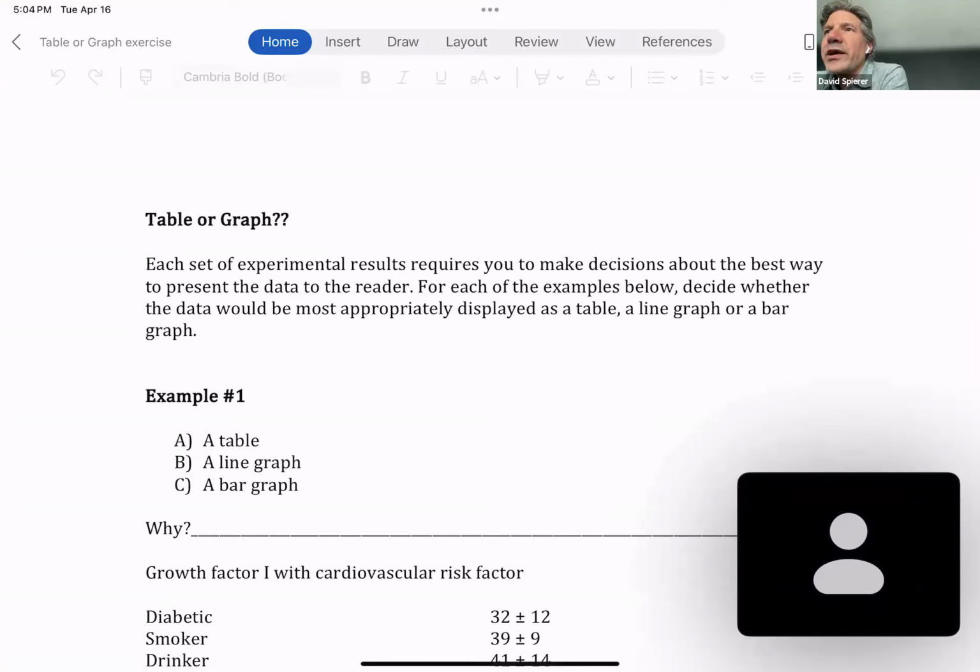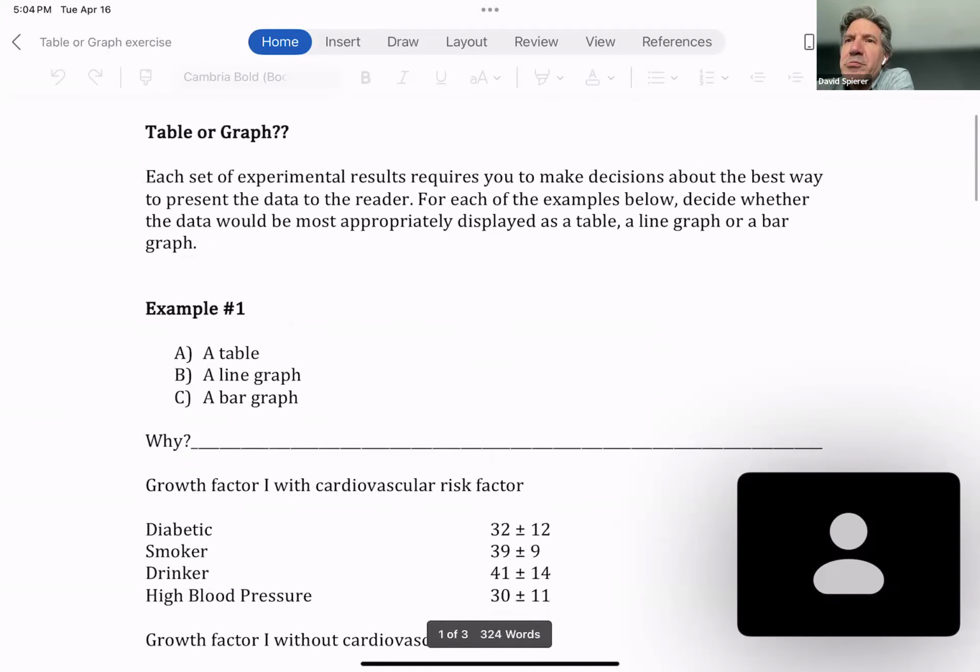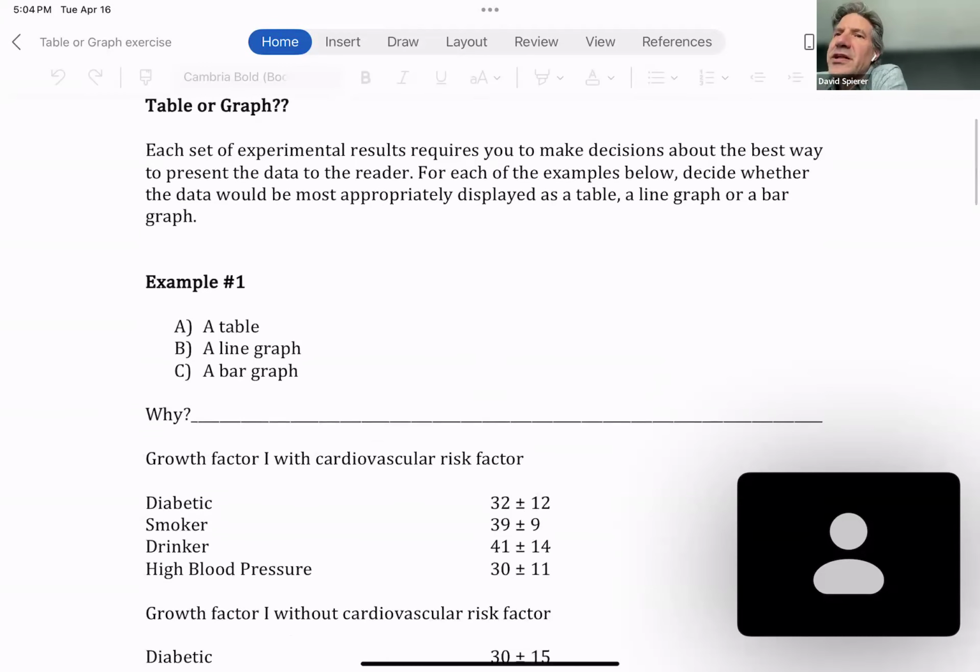And here's where we're really starting to talk about what types of information appear in a journal article. More specifically, what kind of visual information appears in a journal article. So what I'm asking you to do here is, for each set of the results that are presented to you, tell me whether you would put this in a table, a line graph, or a bar graph.